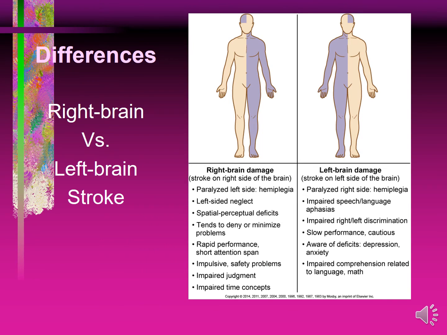And some of these emotional and personality deficits will manifest themselves in sometimes a really weird personality change. People who have right-sided brain damage, so that their paralyzed side is on the left, will exhibit this left-sided neglect and spatial perceptual deficits. And their personality will be such that they'll tend to deny or minimize their problems.